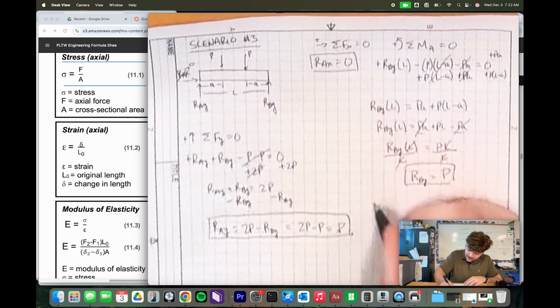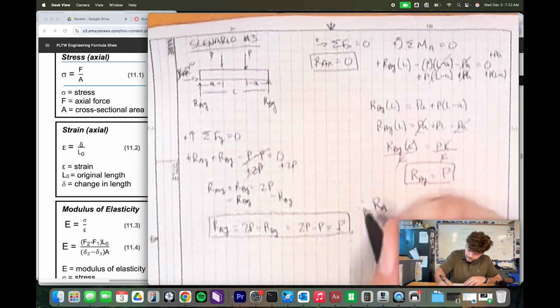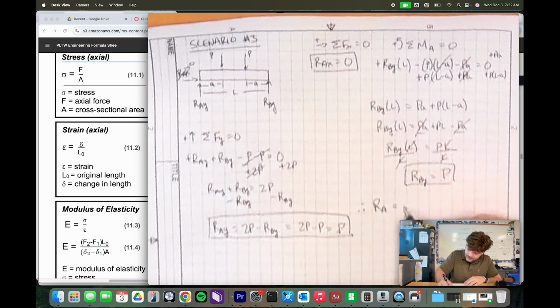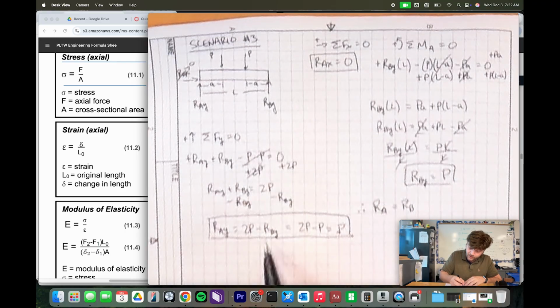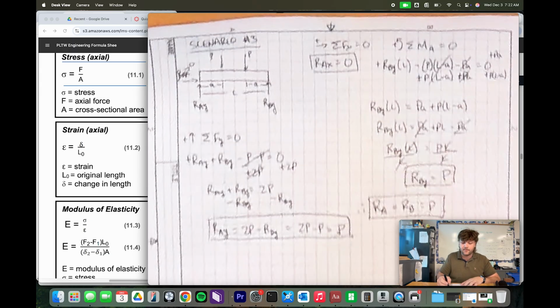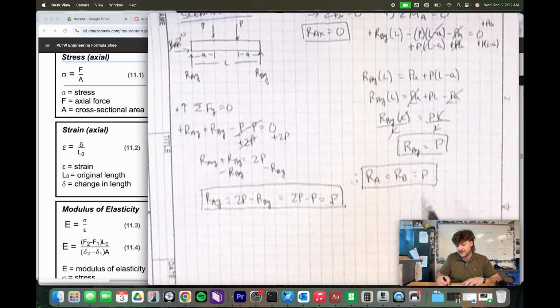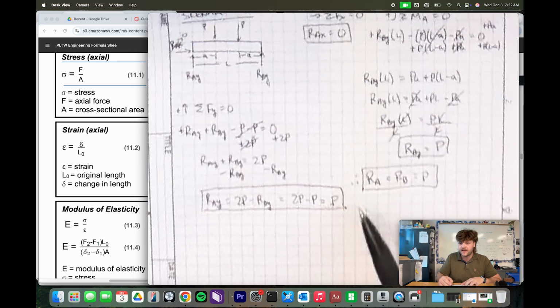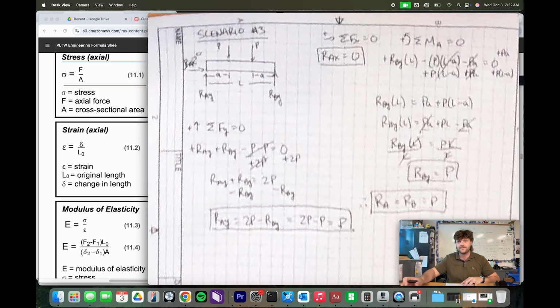And so just like in our formula sheet, therefore we can say RA is equal to RB because those are both equal to the same value, P. So we'll place that in there. And that's how we end up getting to that point where we can solve for these reaction forces RA and RB with that beam shortcut. So that's where that comes from.